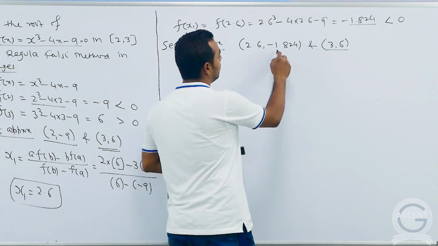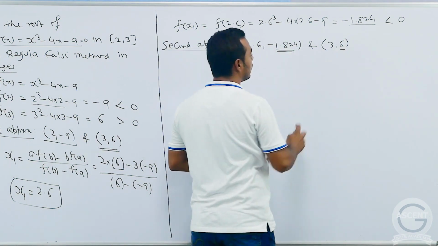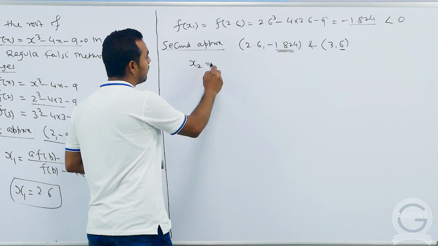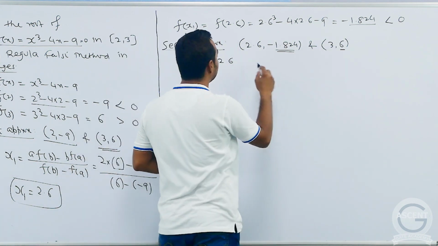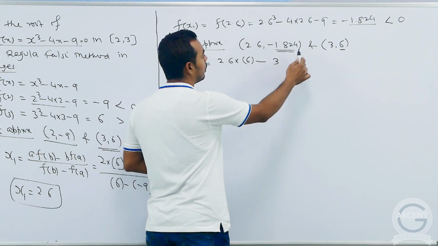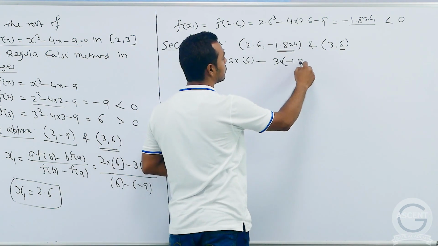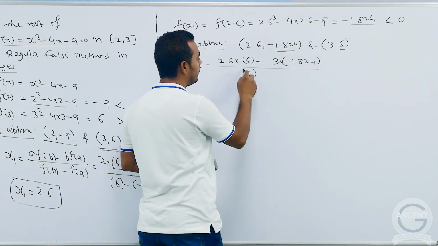Always make sure that the value of y coordinate at one point should be negative, at other point it should be positive. So now the formula for x2 will be x coordinate of one point, y coordinate of another point. So 2.6 into 6 minus x coordinate of second point, y coordinate of first point, so minus 1.824. And this divided by y coordinates in the same order.